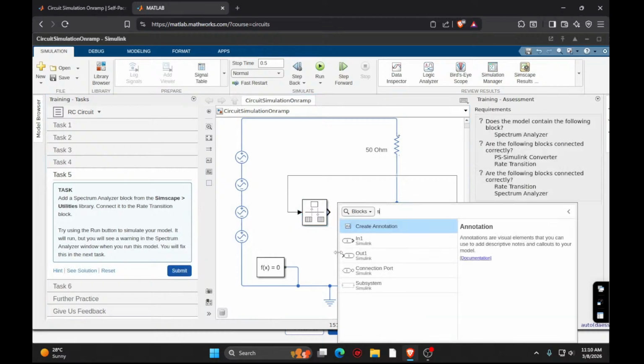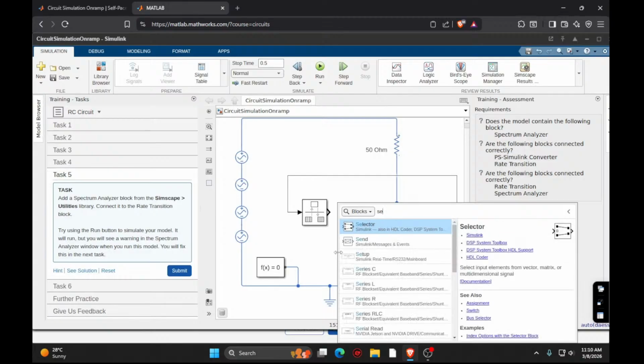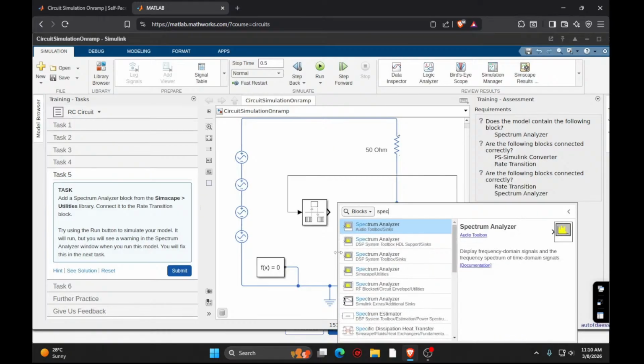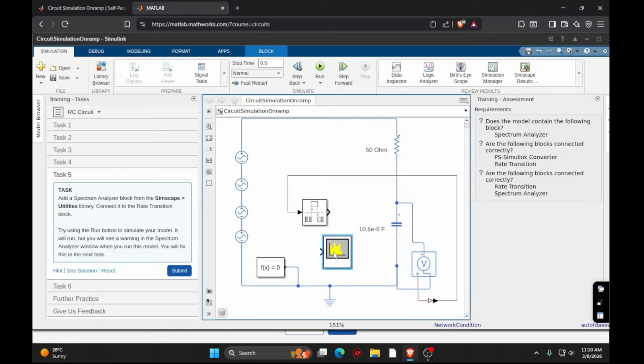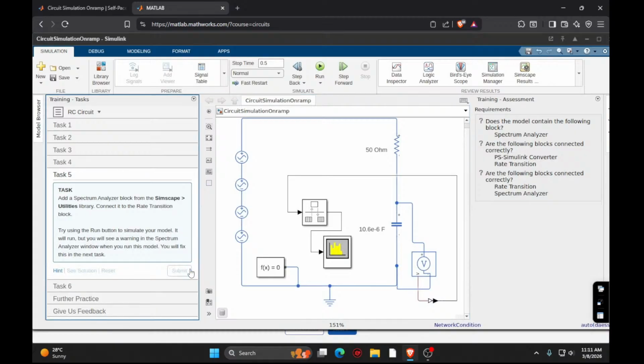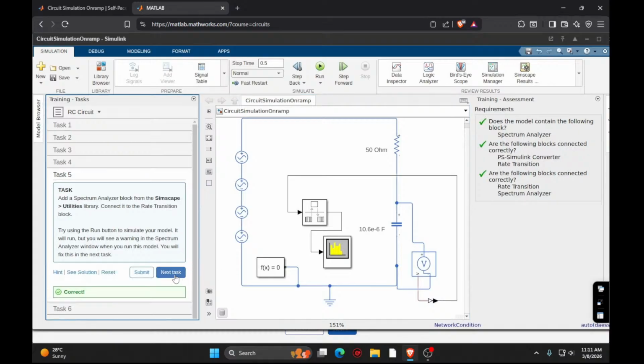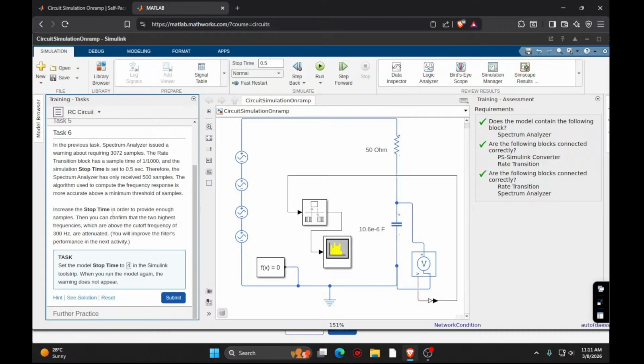Spectrum analyzer, connected to the port. Set the stop time to 4.